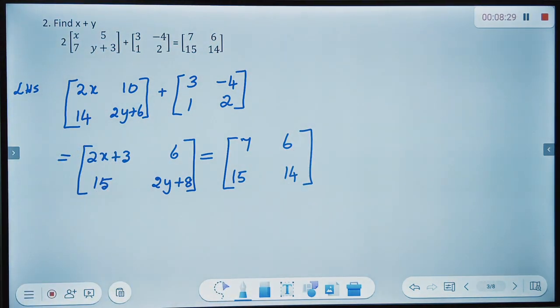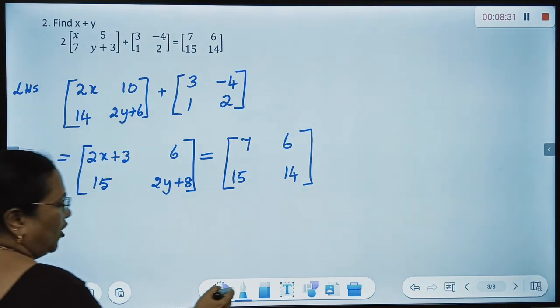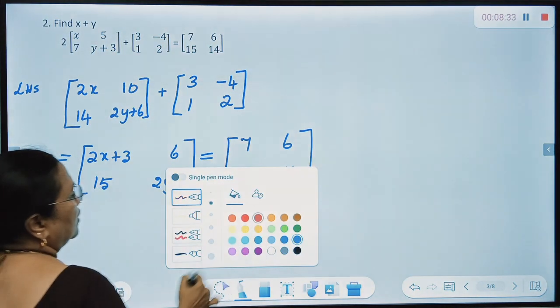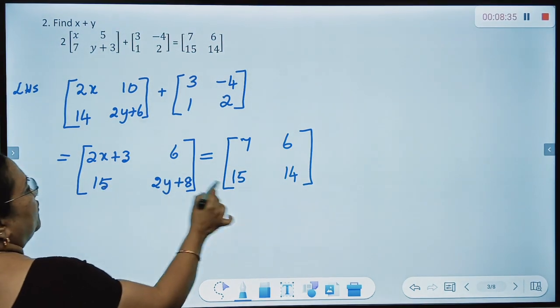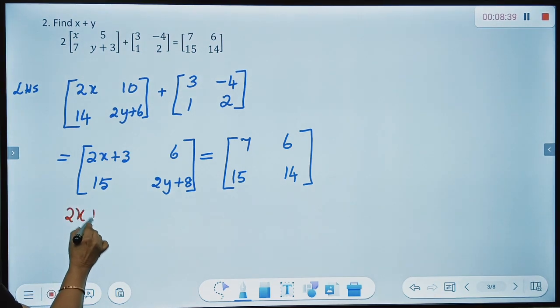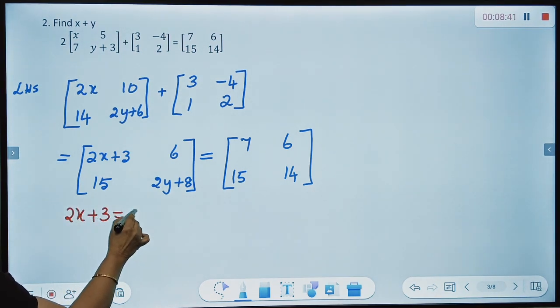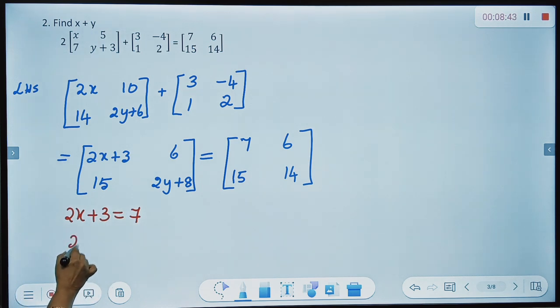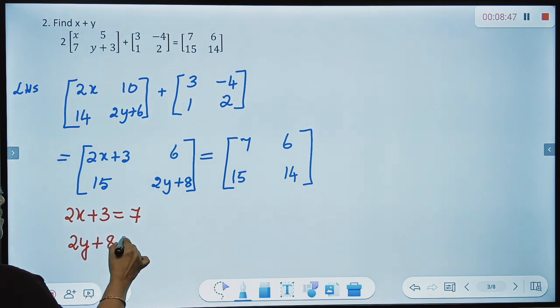Two matrices are equal when the corresponding elements are equal. So you can already see this is 15, this is 15, this is 6, this is 6. So 2x plus 3 must be 7 and 2y plus 8 is equal to 14.